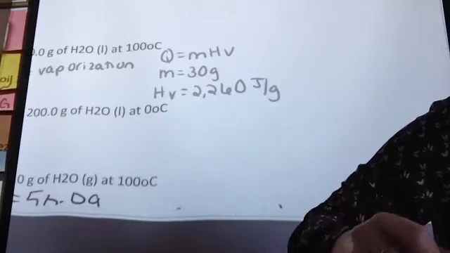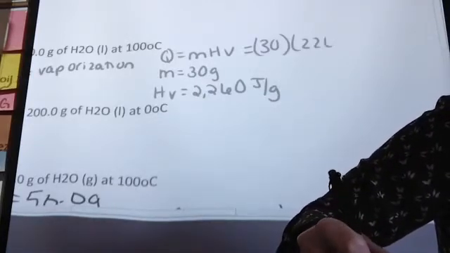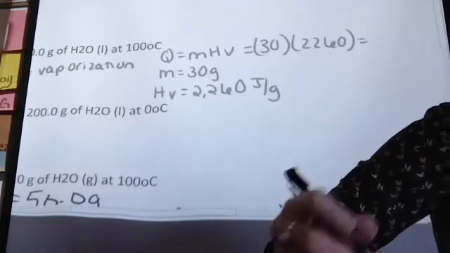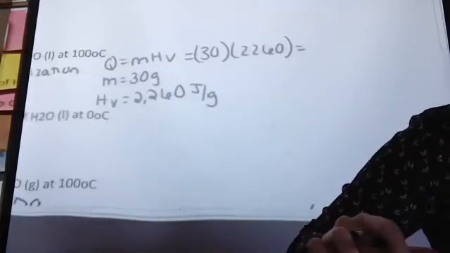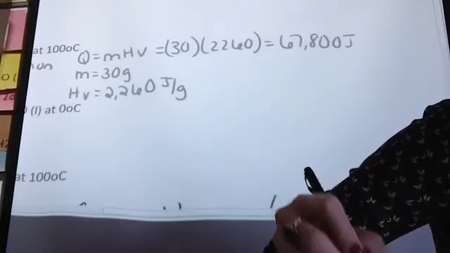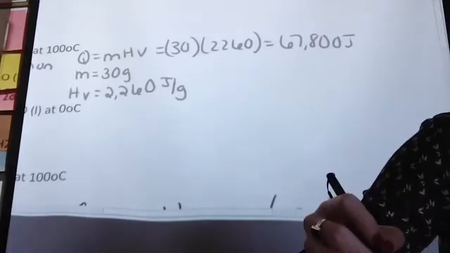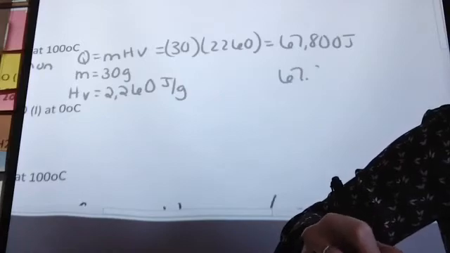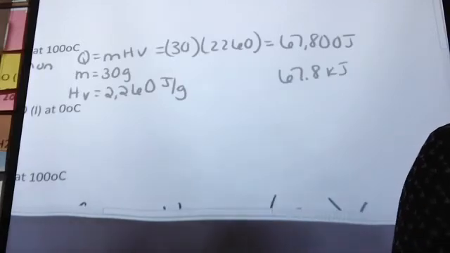I'm going to plug in my variables, 30 grams, 2,260 joules per gram, and it takes 67,800 joules to boil 30 grams of water. This can also be converted to 67.8 kilojoules by dividing by 1,000.